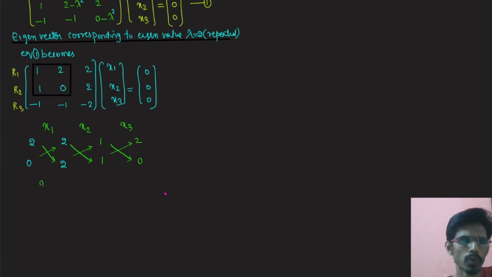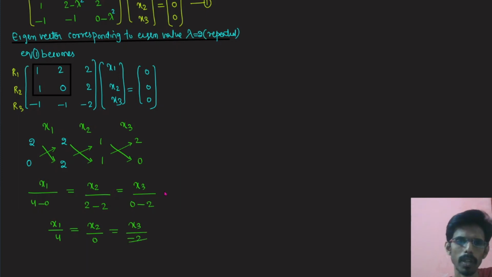Then I'll get x1 by (2 2s are 4 minus 0), x2 by (2 1s are 2 minus 2), equal to x3 by (1 zeros are 0 minus 1 2s are 2). So we have x1 by 4 equals x2 by 0 equals x3 by minus 2.